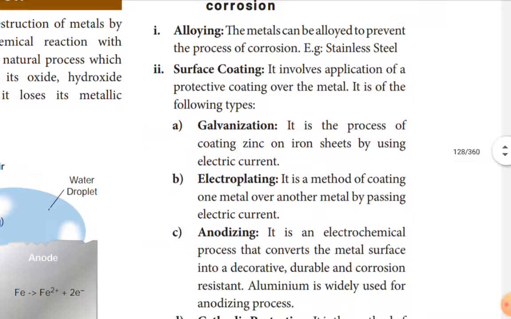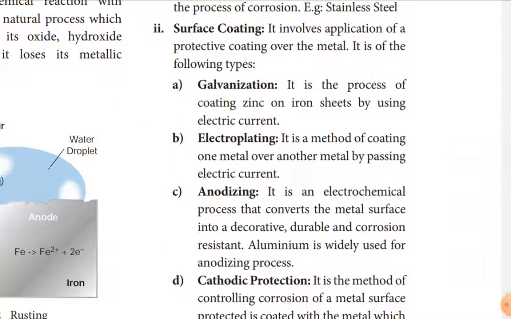Then electroplating. It is a method of coating one metal over another metal by passing electric current. This electroplating is normally used in cheap jewelry like gold covering. The gold covering ornaments are prepared using this type of electroplating.